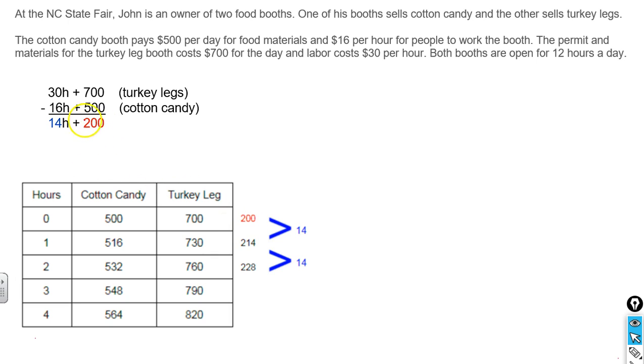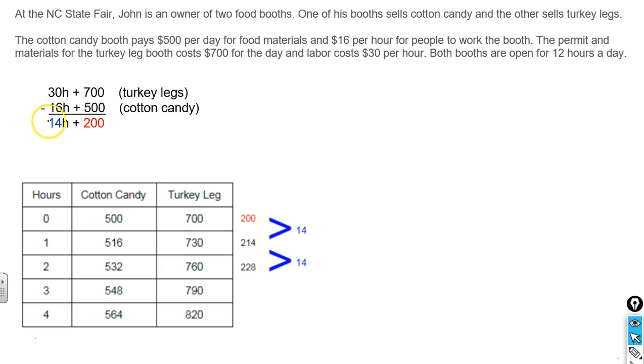That's where this total difference comes from. It's the difference in our y-intercepts, or our starting fees, that $500 original fee just for materials per day, and the $700 for the permit and materials for the turkey leg booth. So the daily difference in cost before they open each day is going to be this $200.